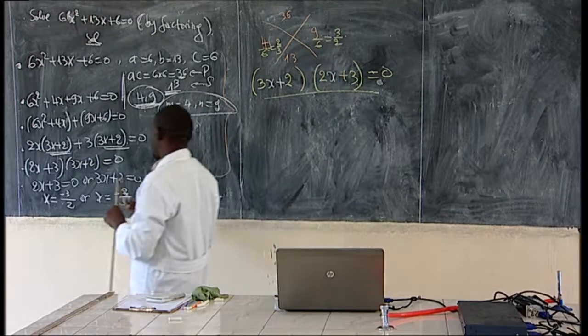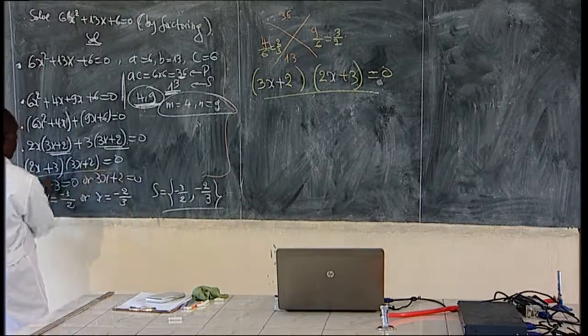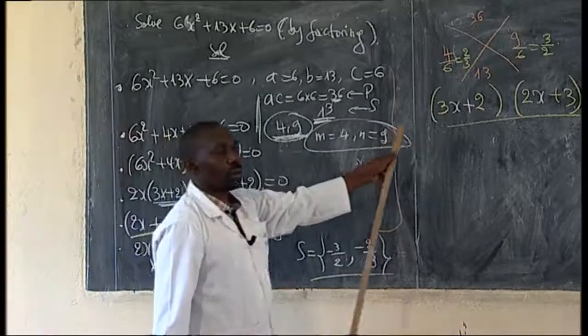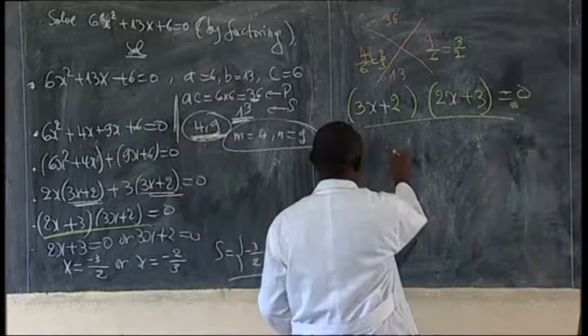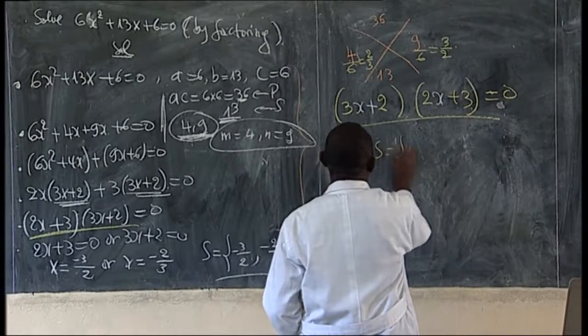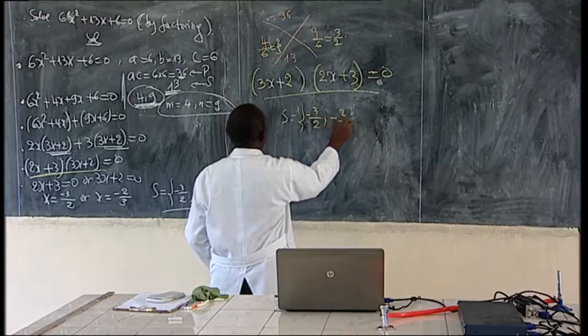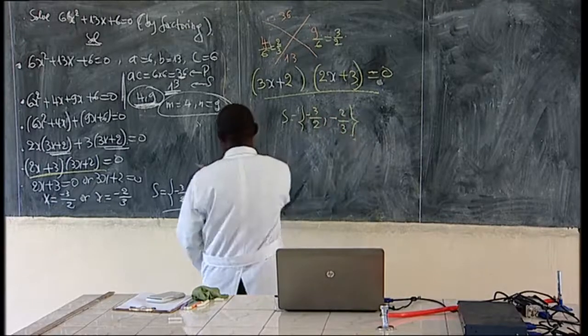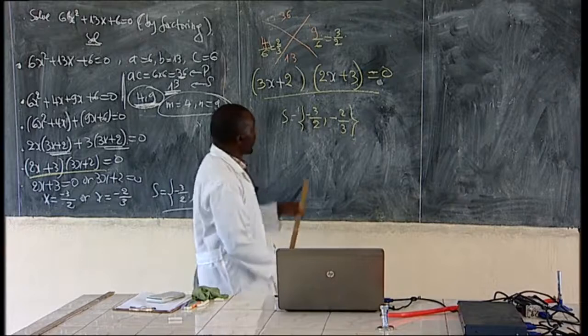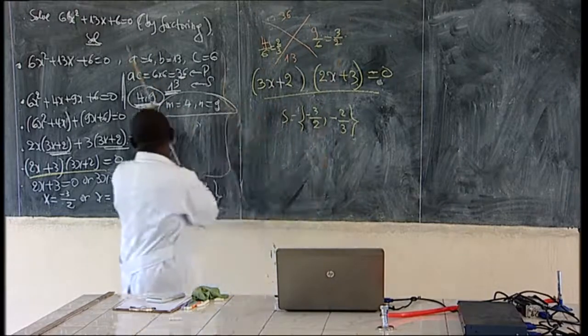And you are here. Solving for x, the set of solutions is still minus 3 divided by 2 and minus 2 divided by 3, which is the same. So this can summarize all these steps.